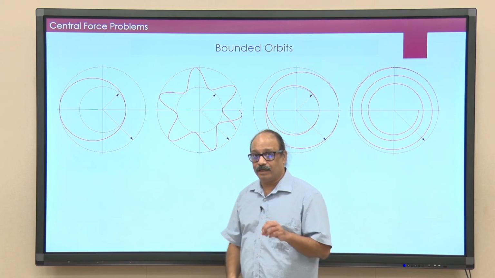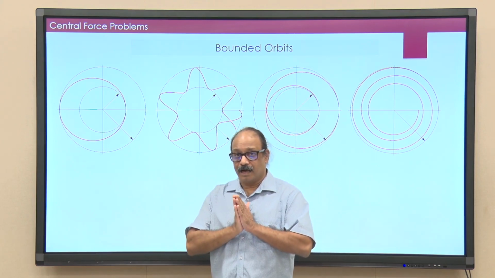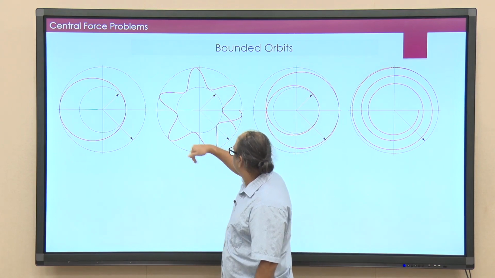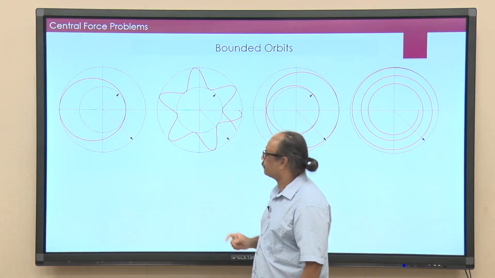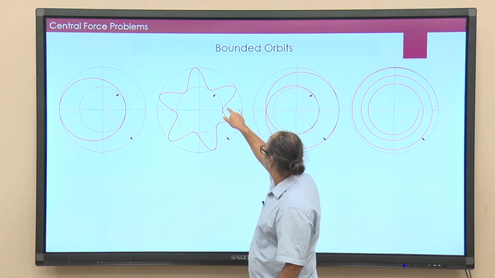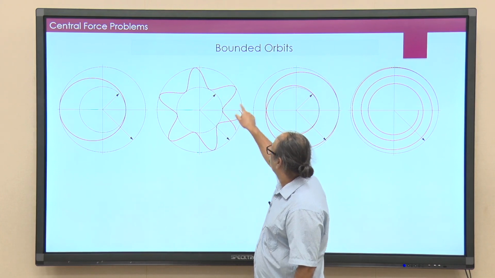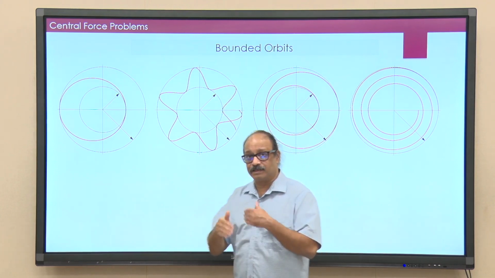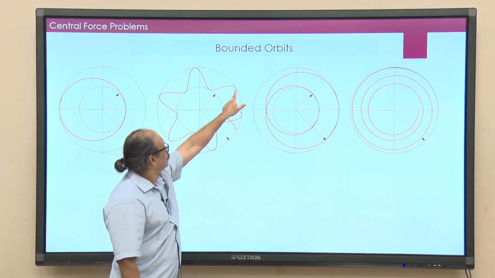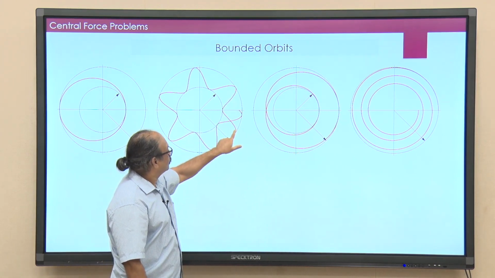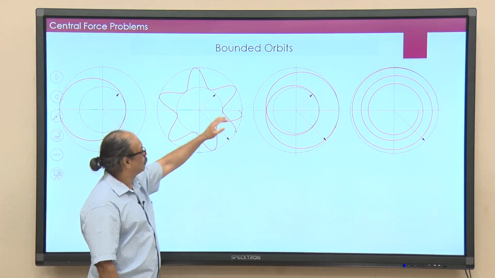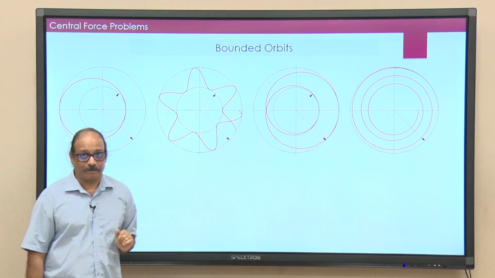Periodically r goes from r1 to r2 and comes back to r1, during that time theta changes, and that keeps on happening, and the orbit might actually be something like this: every time it shifts the turning point. So, here there was a turning point, and that turning point has shifted here. The same thing will happen in the next iteration also; the turning point will keep on shifting, okay.